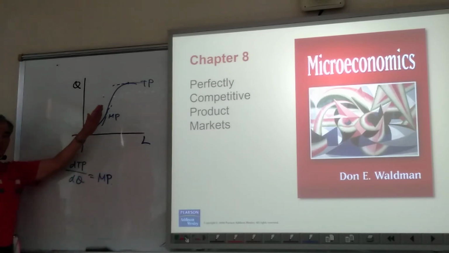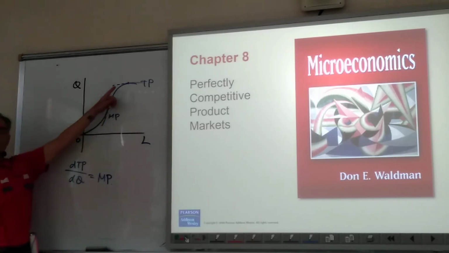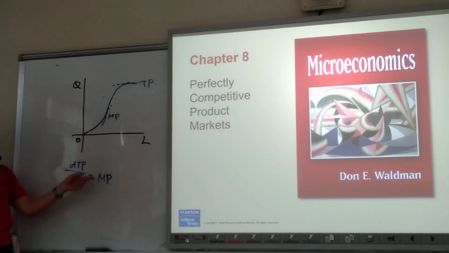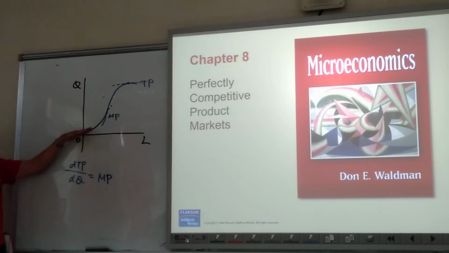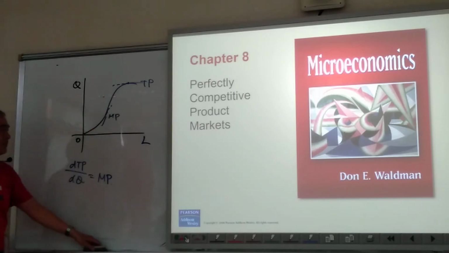So the slope of the tangent to the total product curve is marginal product. It moves slowly, and then more and more, and then it slows down again, right? So this is what you have.